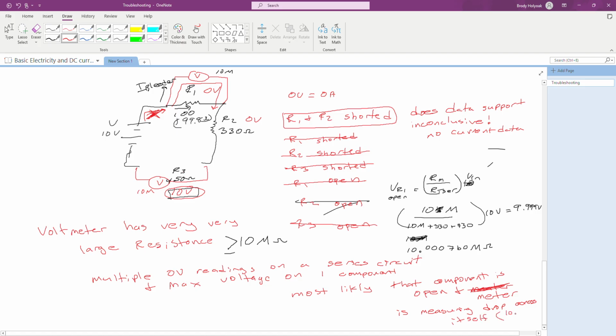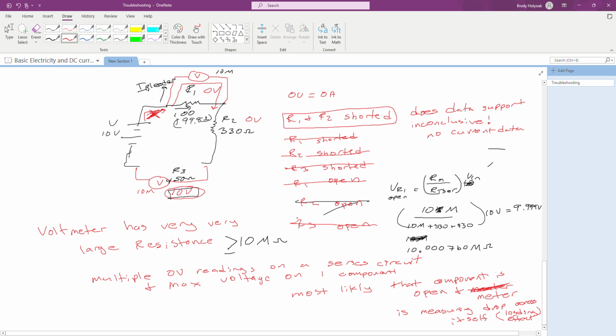This is our loading effect. So we put our circuit and we put our meter into a position where now instead of measuring the component, it became the component, and the DMM actually then measures the voltage drop across itself. So one thing to be aware of, our meters will affect it.